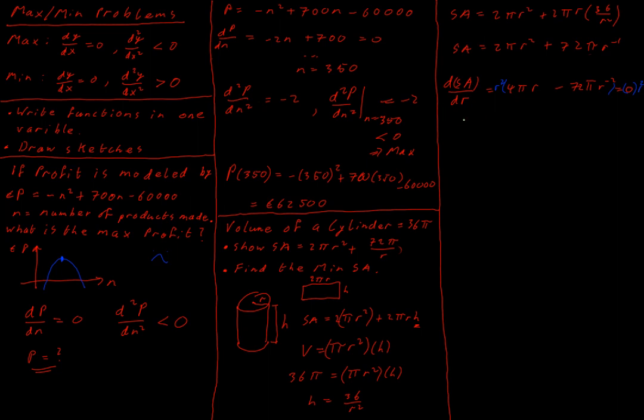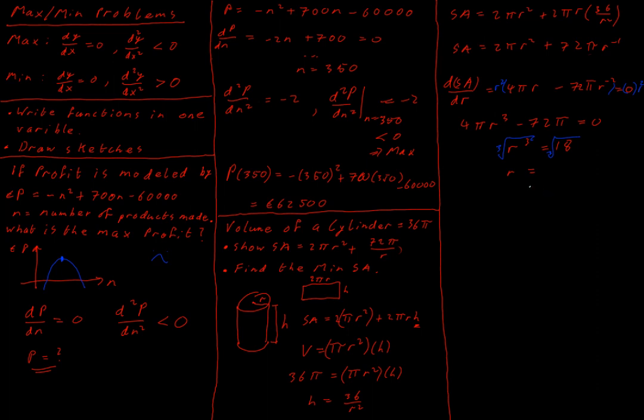And I will end up with 4 pi r cubed minus 72 pi is equal to 0. Rearranging, I'll get r cubed is equal to 18. So r is equal to the cube root of 18, cube root of both sides.